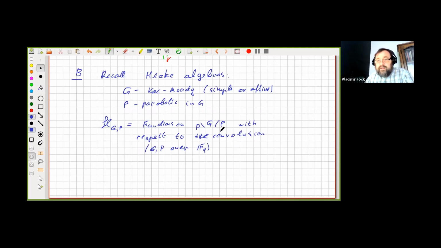The convolution, of course, depends on the field which we consider, but the quotient itself.